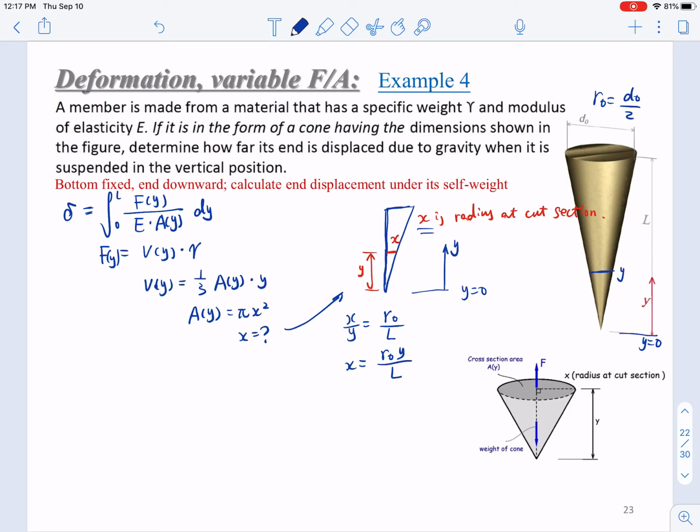With this, we can derive that Ay equals pi times (R0 y over L) squared, or pi R0 squared y squared over L squared. This is our Ay.